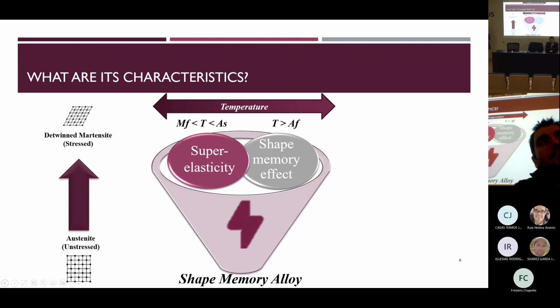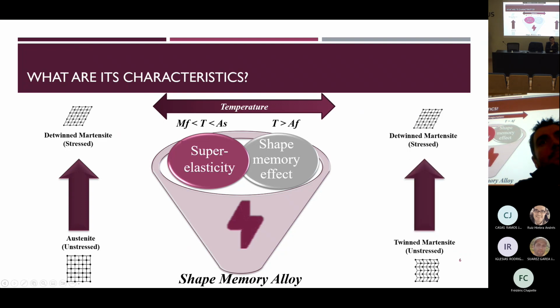However, for the second characteristic, yes, we apply a stress, but here the main cause is the temperature. And this temperature doesn't lead to a total transformation in solid phase, but an intermediate transformation from one martensite to another. But at the end, we have transformation, we have displacement.